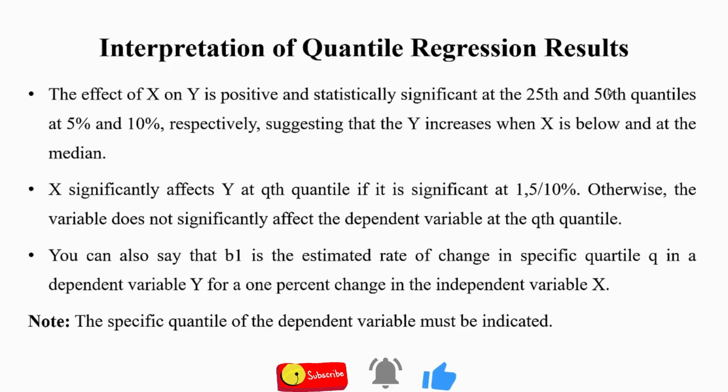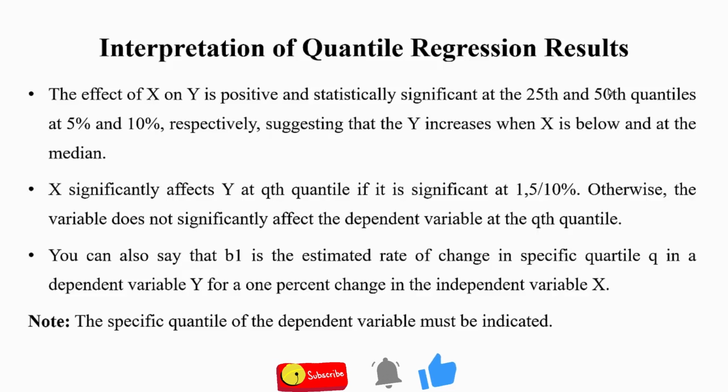You can also say that B1 is the estimated rate, that is, this B1 stands for the coefficient of x. This is beta 1. Let us assume the coefficient of x is B1.